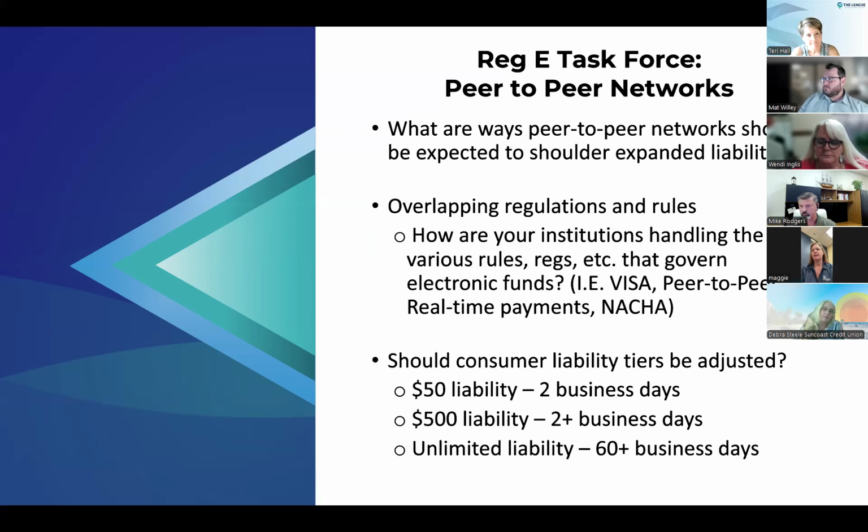Anybody else on how you're handling the fact that there's multiple rules and regs, timelines? I'm assuming that we're all defaulting to the shortest timeline of the possible covered payment. Yeah, and I would jump in, Maggie, and say this question kind of came from me, because as I was talking to people, we're realizing that you all have these different timelines. What I was trying to get at is what Maggie just said: you credit unions are adhering to the shortest possible timeline.